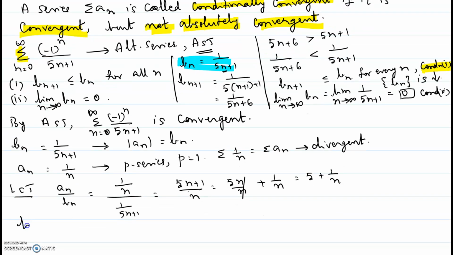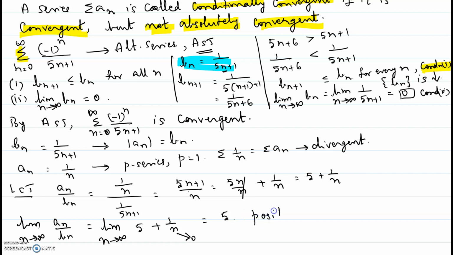And if you consider the limit as n approaches infinity of an over bn, which is the limit of 5 plus 1 over n, the 1 over n approaches 0, so it is just 5, which is positive and a finite number.